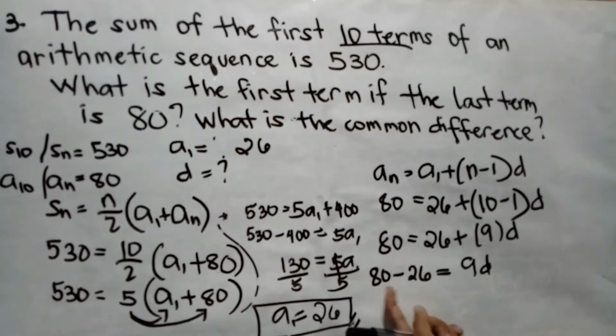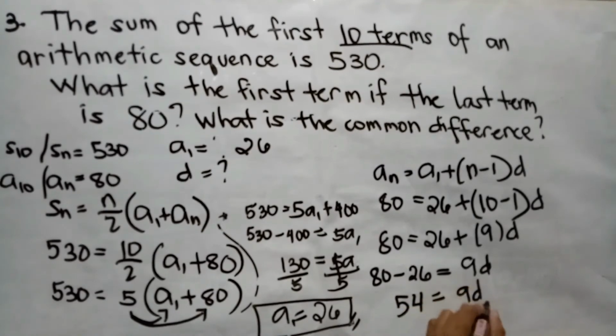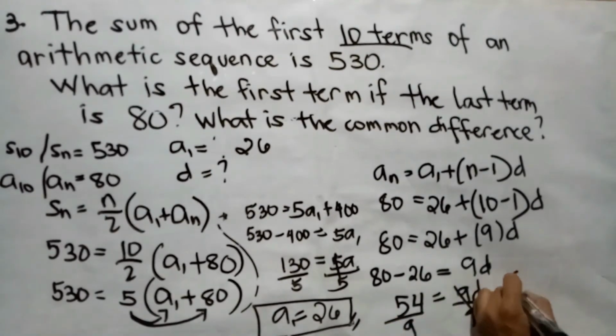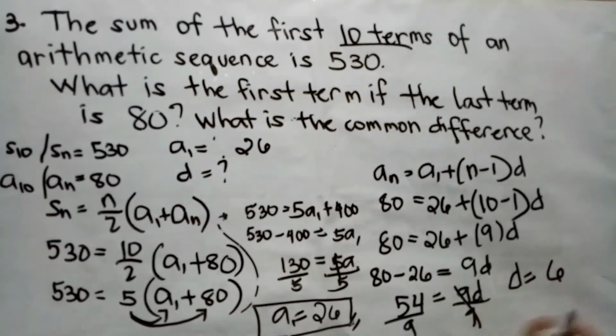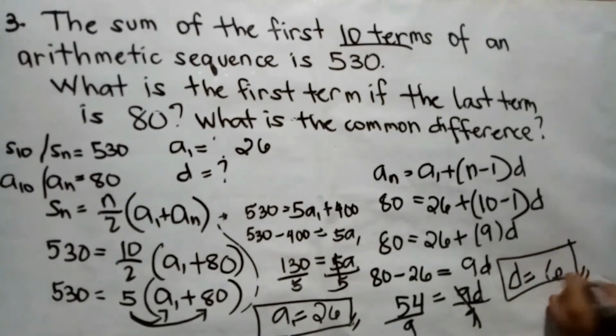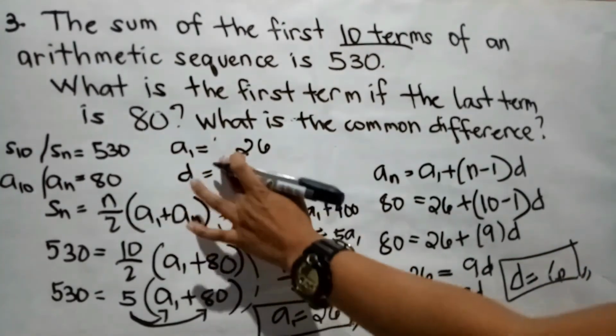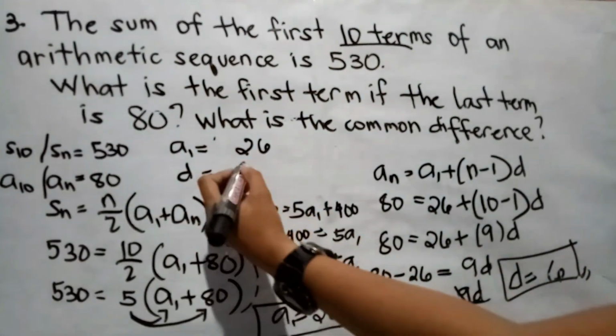Then solve 80 minus 26, and that is 54 is equal to 9d. Then divide it by 9 because 9 is the numerical coefficient of d. So 54 divided by 9, d is equal to 6. 9 times 6 is equal to 54. So we have d is equal to 6.